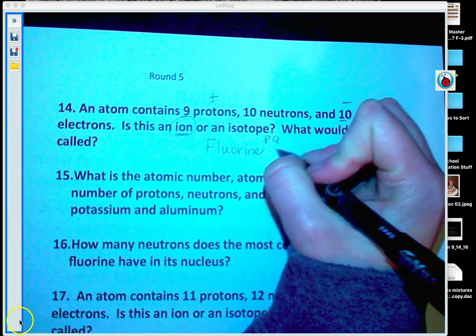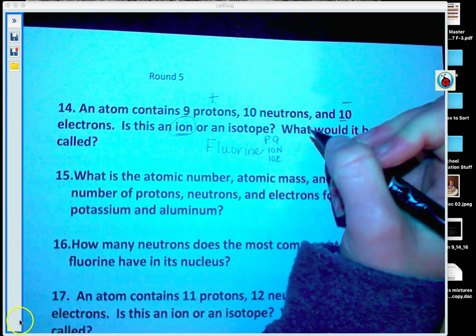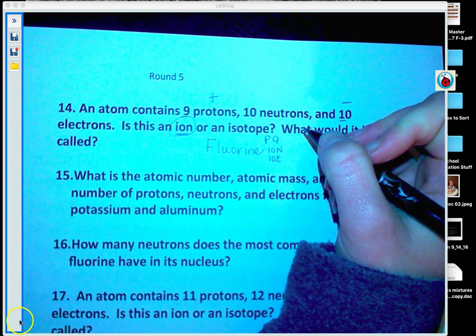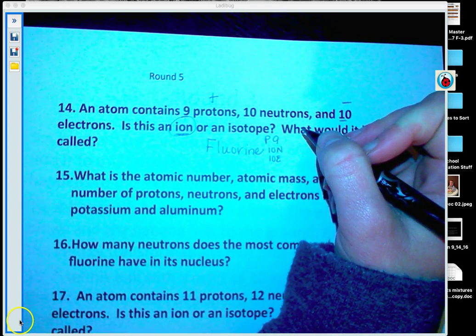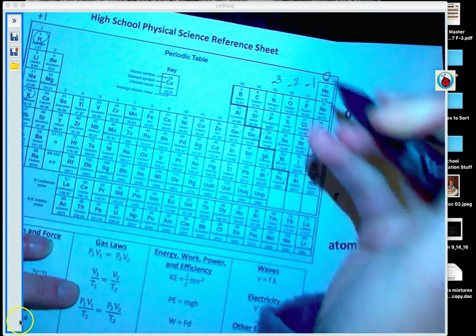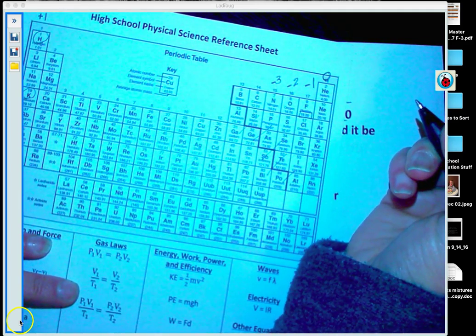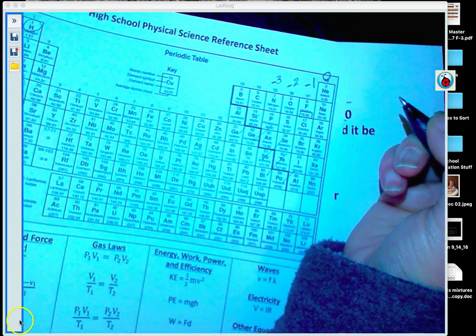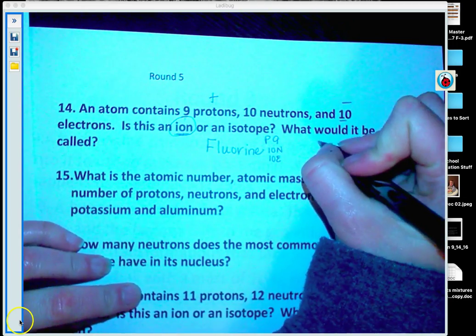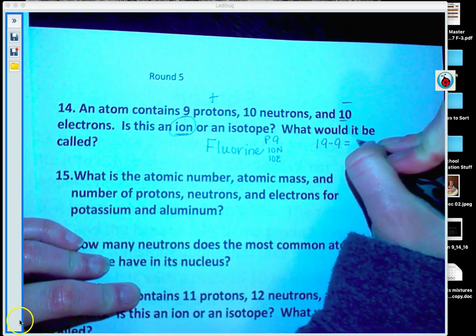It has 10 neutrons, and it has 10 electrons in this case. So I'm going to look at the periodic table and see what it tells me about its mass. And down here, it tells me that fluorine has an atomic mass of 19. So let's see. 19 minus 9, that's how we solve for our neutrons, equals 10.